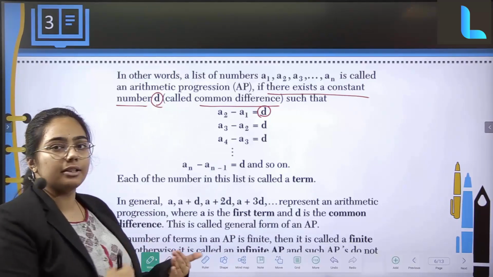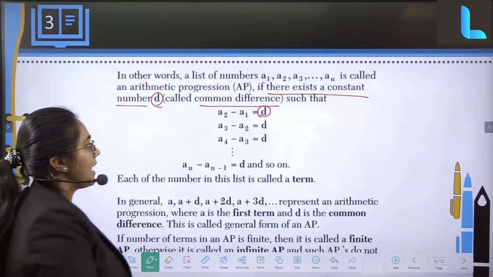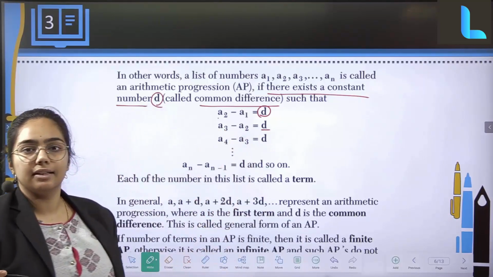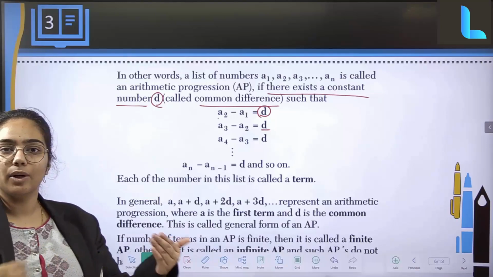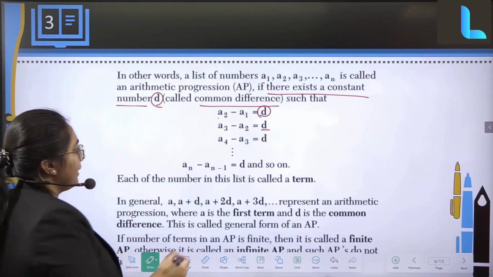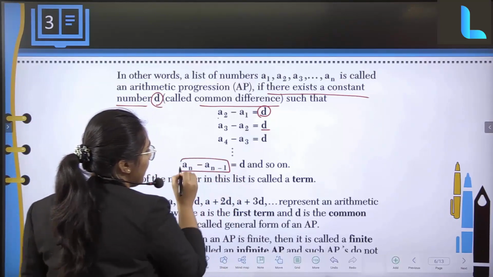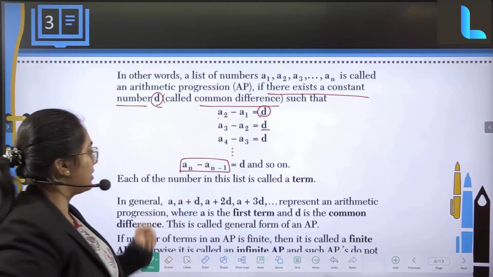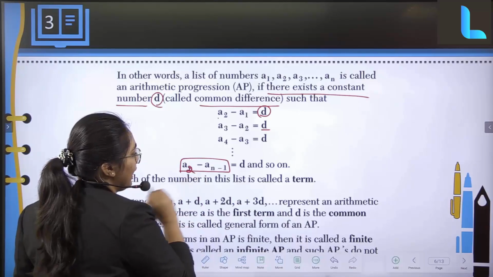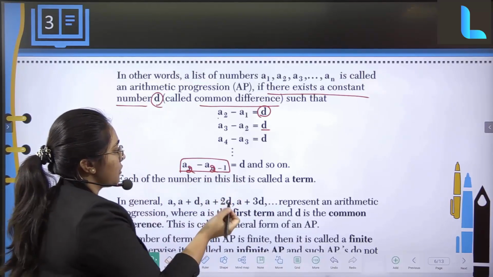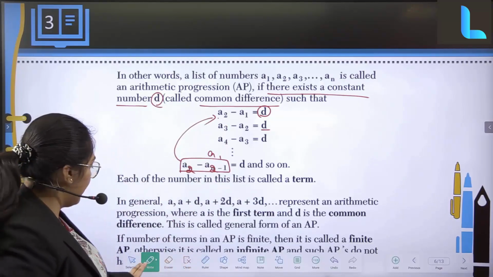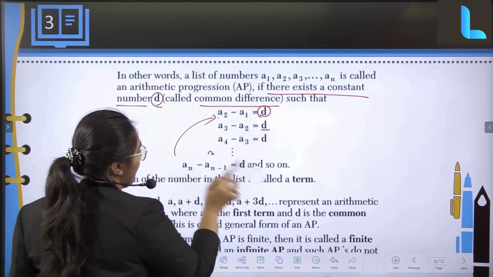That is how I'll be getting it. A2 minus A1, A3 minus A2, you have to deduct the preceding number. AN minus A(n minus 1) is equal to D. This holds for n number of terms. You just have to put in the value: A2, 2 minus 1 gives A1. That is how I'll be getting this first one. It is nothing but the general format of it.